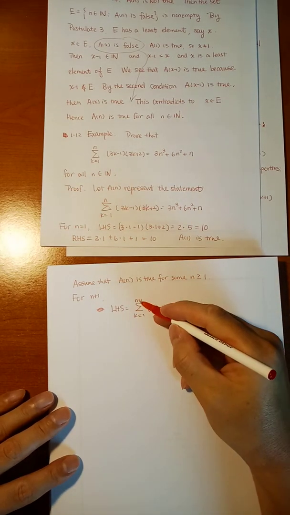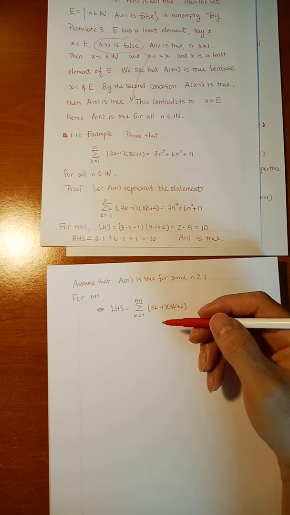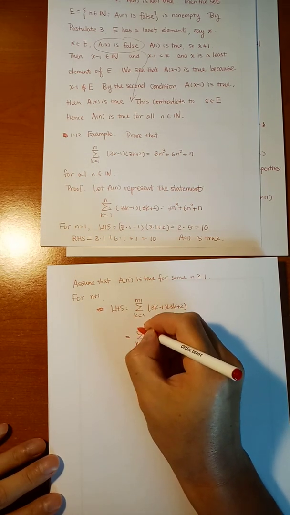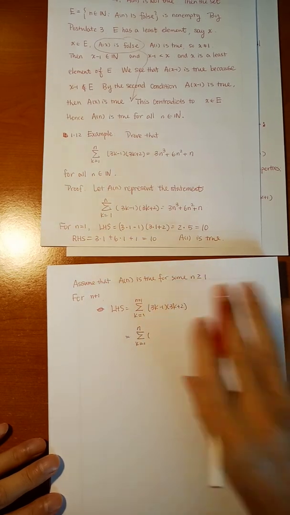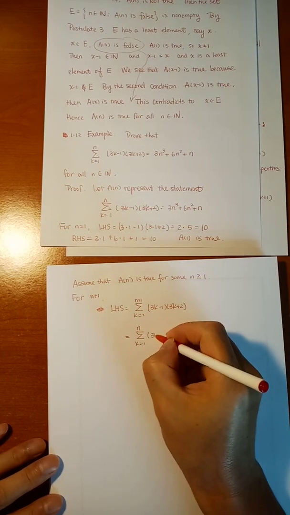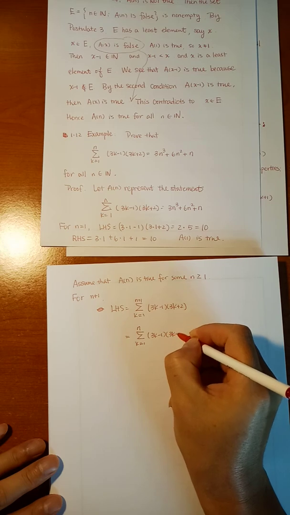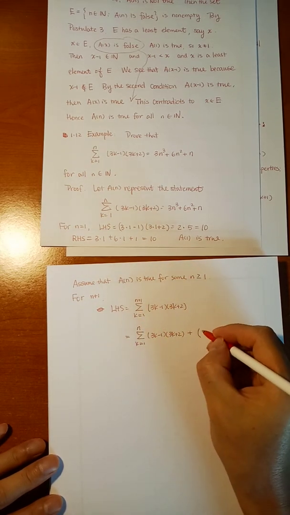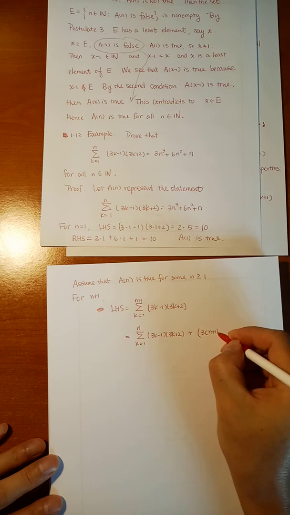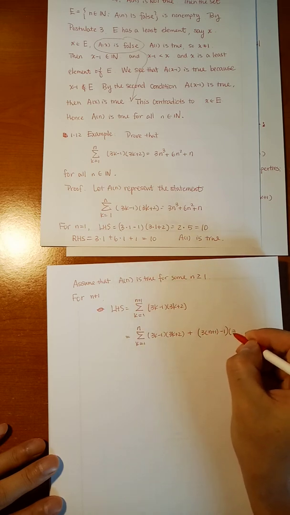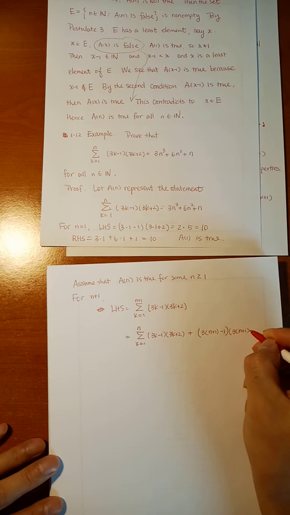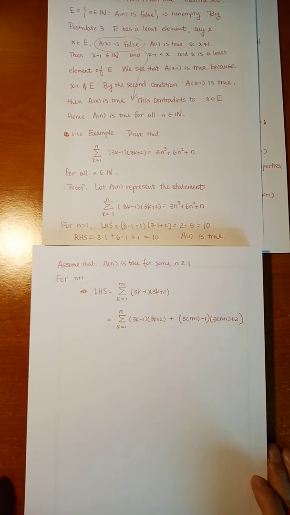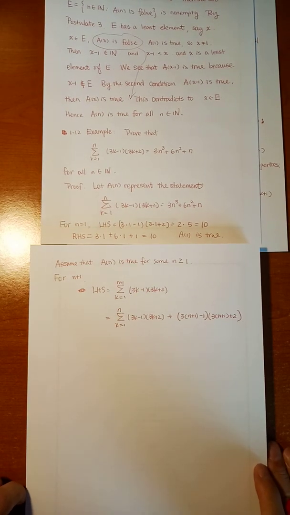You just change this to be n plus 1. So we separately write the final term. For k equal to n plus 1, you get 3 times (n plus 1) minus 1, times 3 times (n plus 1) plus 2. Right? Can you see it clearly? Okay. Yeah.